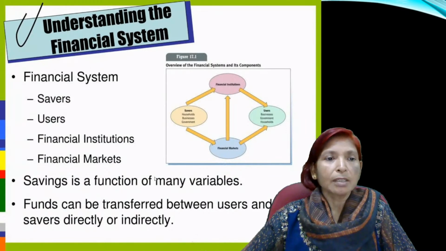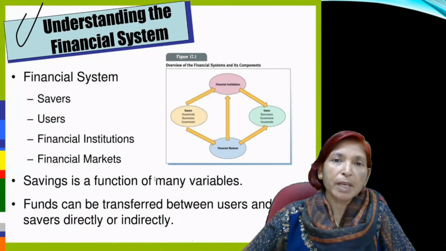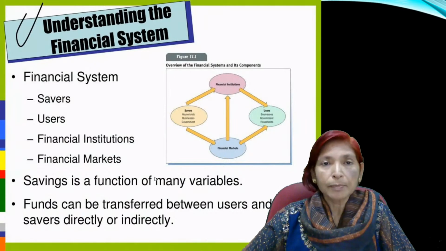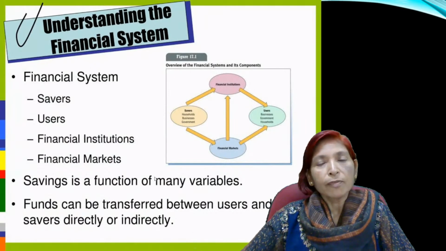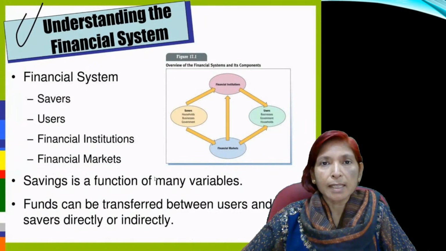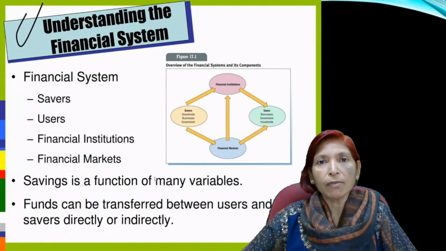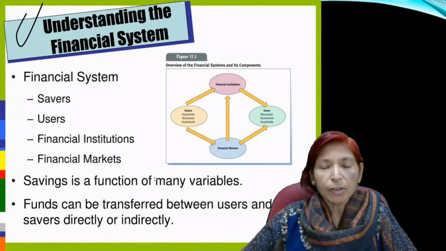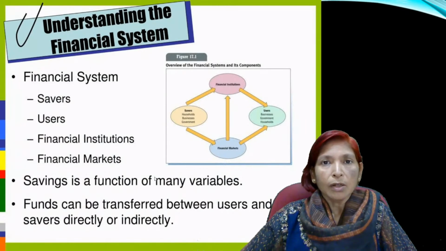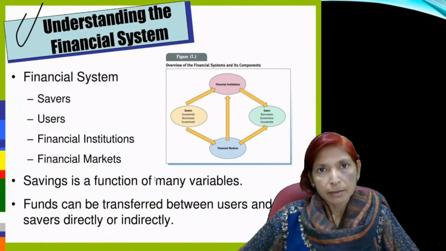So in this session, first of all, the financial system. The financial system is based on savers, users, financial institutions, and financial markets. You know that finance is the main instrument of all economic activities. Without finance, production can't happen.